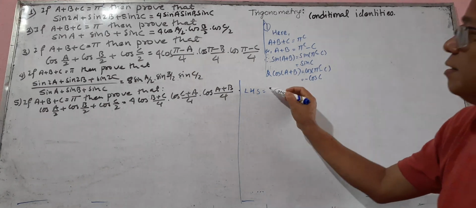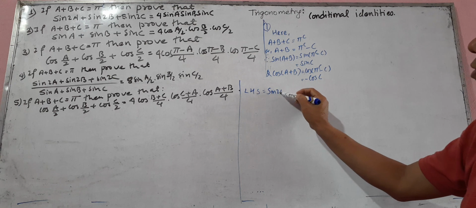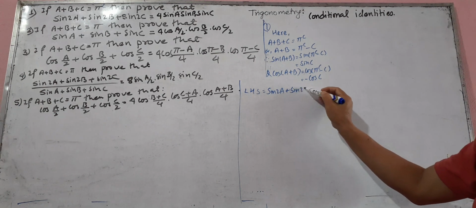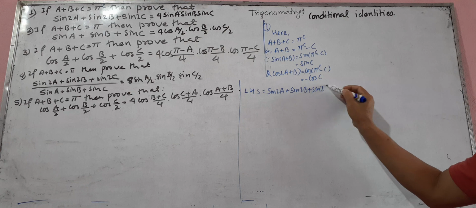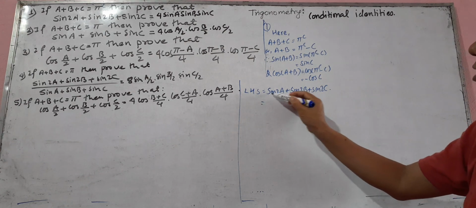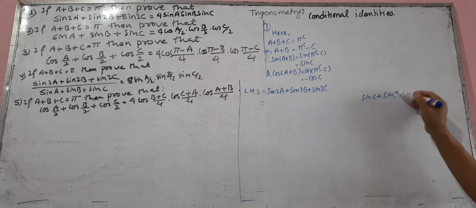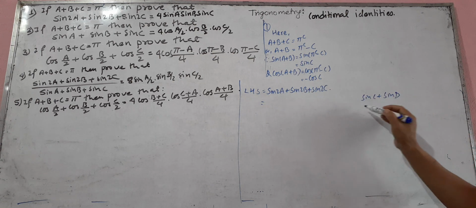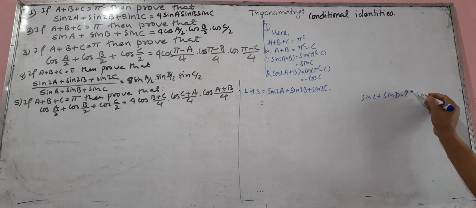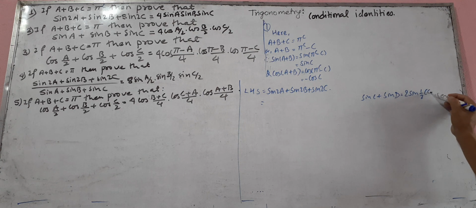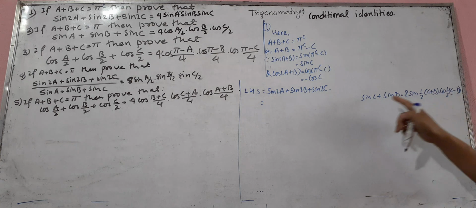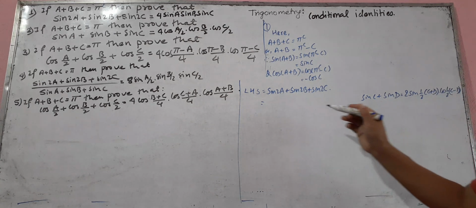Start the solution. We have sine 2a plus sine 2b plus sine 2c. Using the formula sine c plus sine d for the first two terms of the left hand side, this equals 2 sine of half of c plus d times cos of half of c minus d. This is one of the formulas.